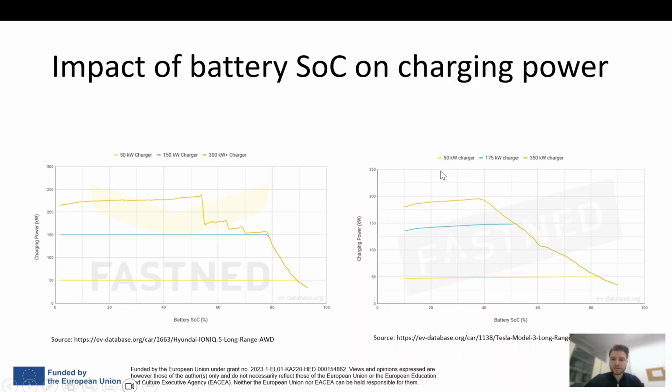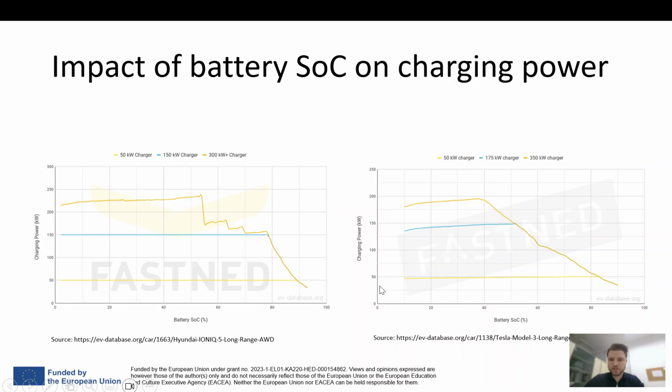We're not going to take into account these nonlinearities in our model, but through this slide I want to show you that they exist, that when we move to charging with higher powers, these nonlinearities exist. There is a clear dependency of the charging power on the battery state of charge, meaning that the charging power reduces as the state of charge increases. Why are we going to neglect these nonlinearities?